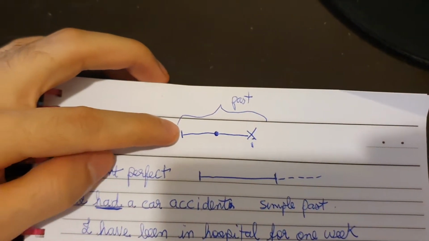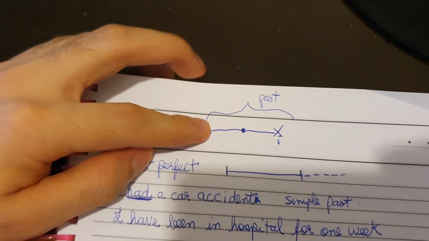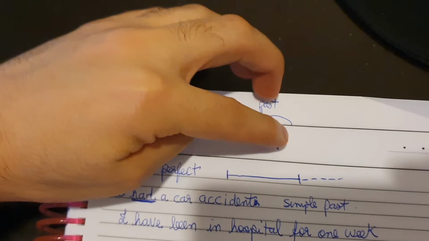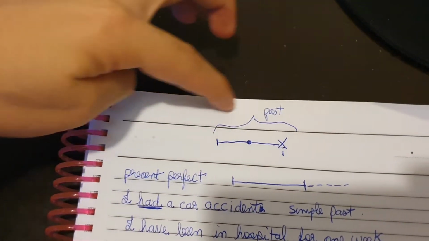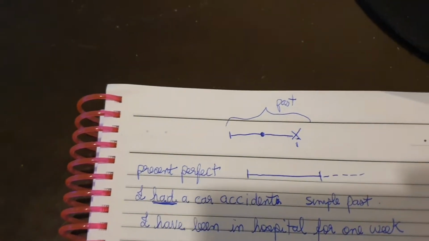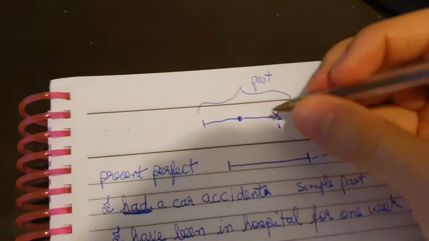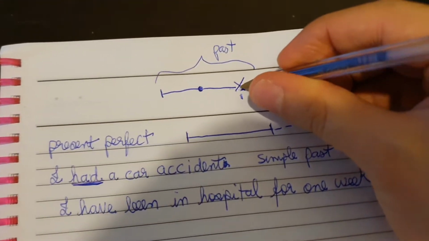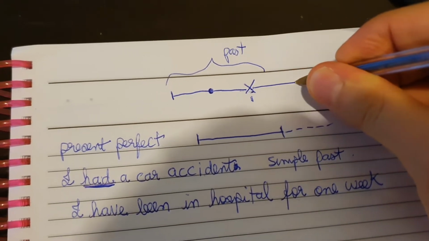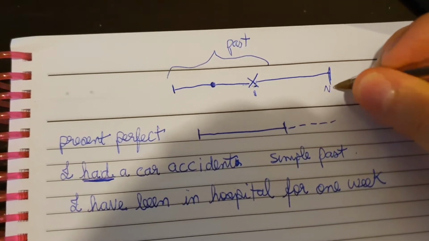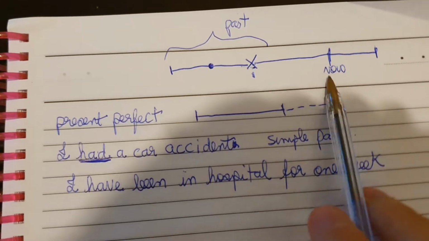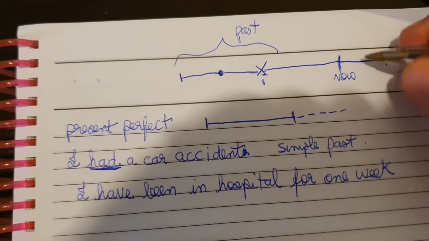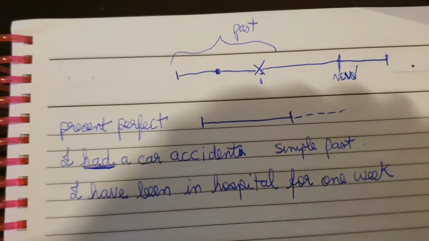So, since the moment I had a car crash, then was taken to the hospital, this whole set of actions happened in the past. Then what happened? Somebody took me to the hospital and I stayed in hospital until now, and I haven't left the hospital yet. I'm still in hospital now, yeah.